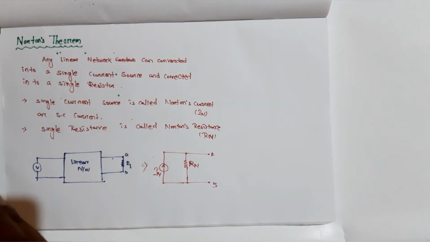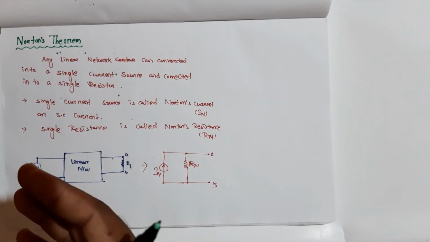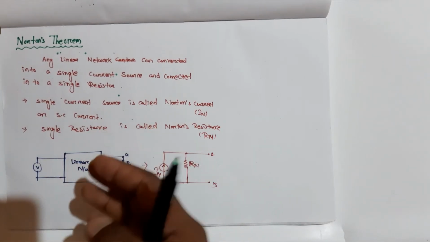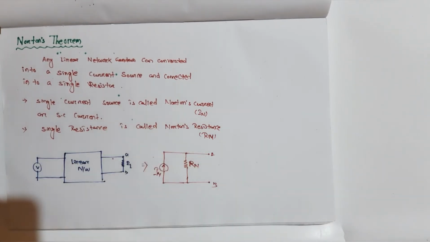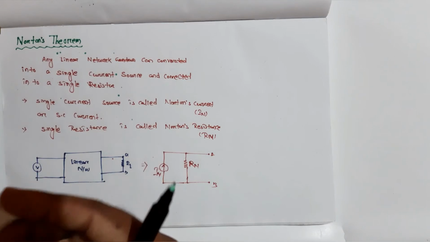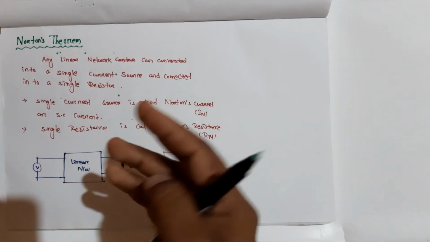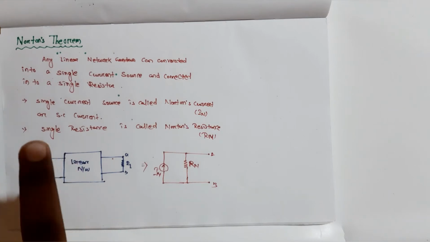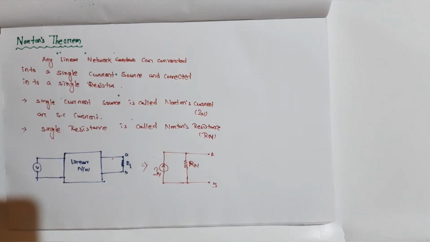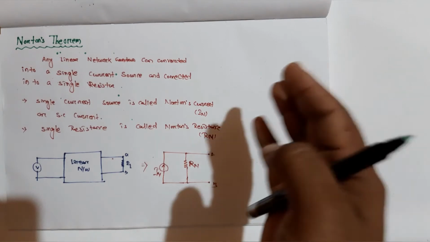The theorem says that any linear network, where linear means resistor, inductor, linear behavior, can be converted into a single current source and a single resistor. This current source and this resistor are connected in parallel.